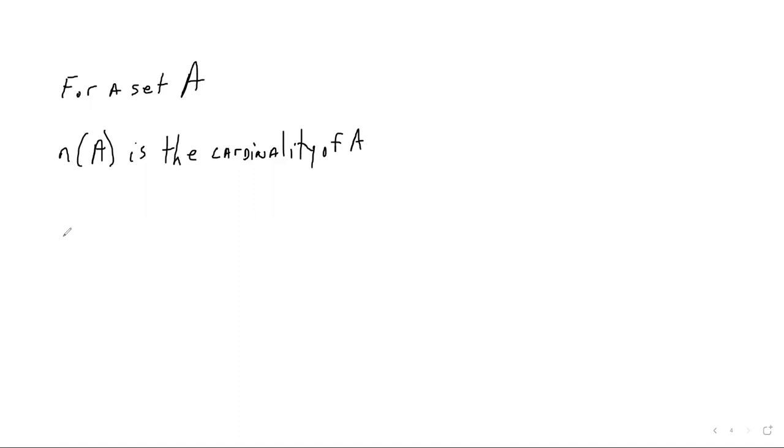So if you had A with the elements A, B, C, D, then the cardinality of A would here be 4. There'll be a few problems where you're simply asked, you'll see that notation. So know that you're just looking for how many elements that set has.